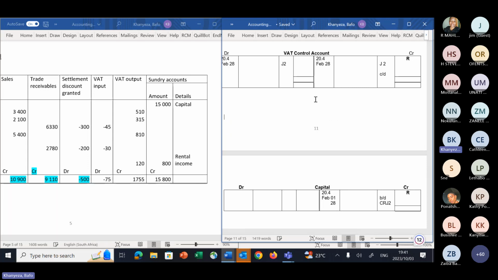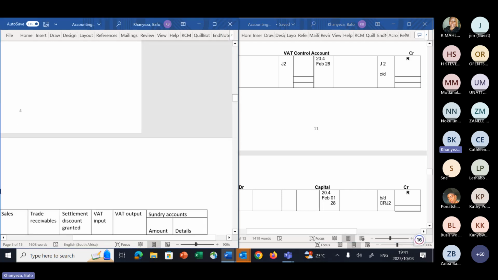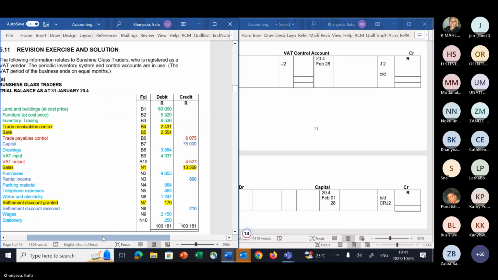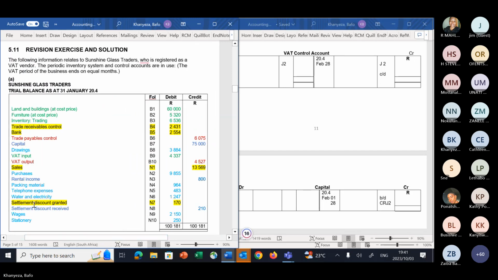Once I'm done with the cash payment journal, before moving to the cash receipts journal, I will open for questions, if somebody has a question. Let's look at the opening balance. What was the opening balance for capital? The opening balance was 75,000.